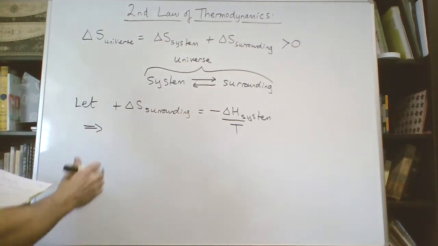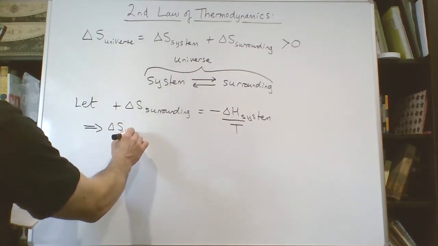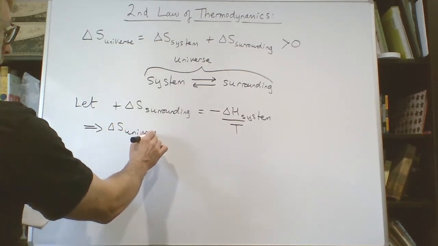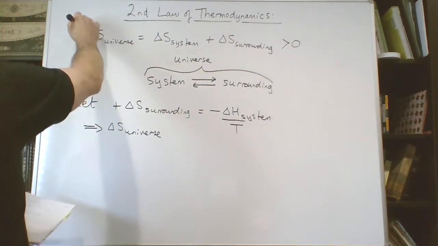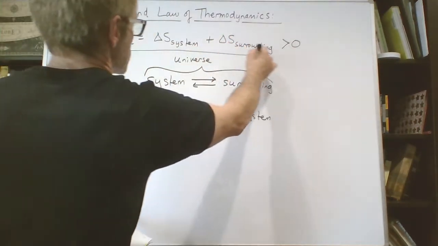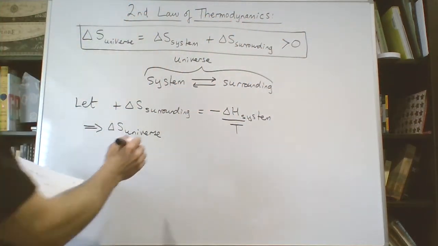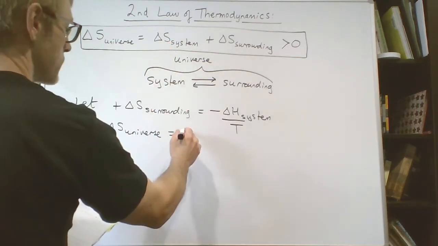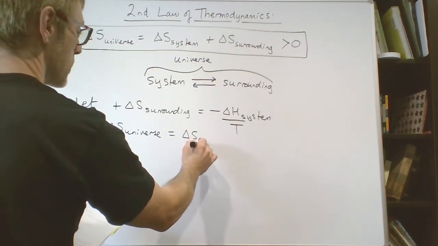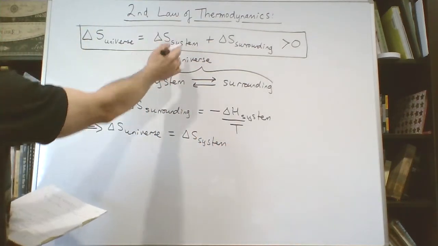Based on this statement, this implies that the entropy change of the universe, we can now write it, this expression here. So we're going to rewrite this expression. So I can say the entropy of the system again, which is this term here.